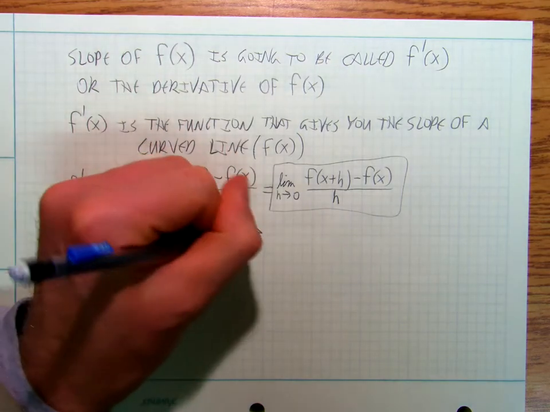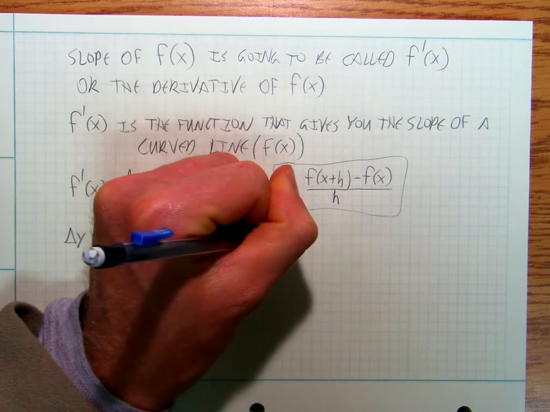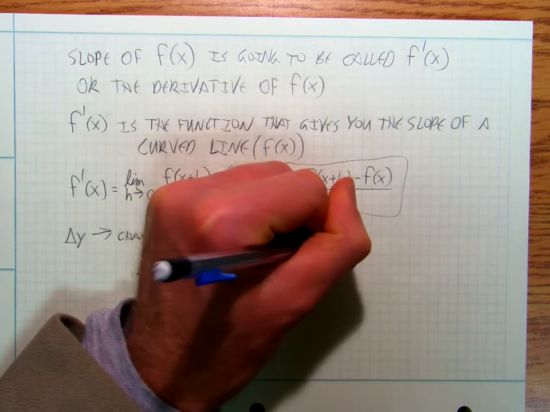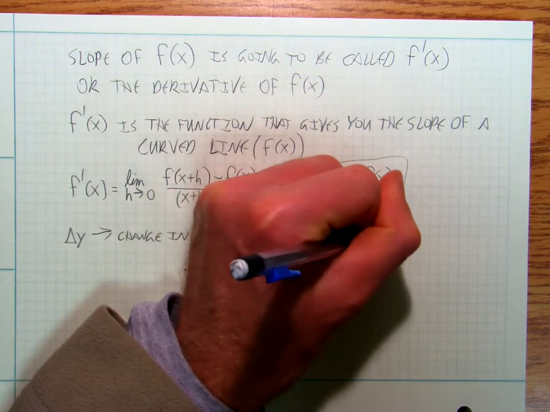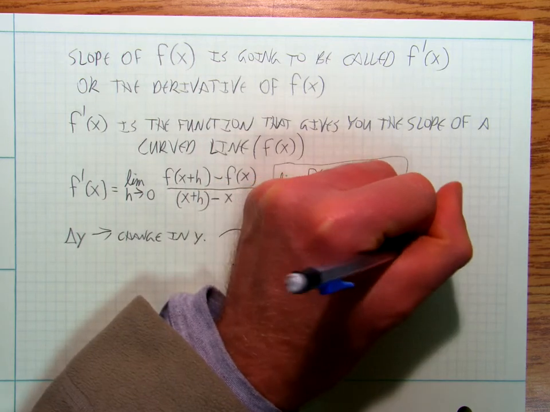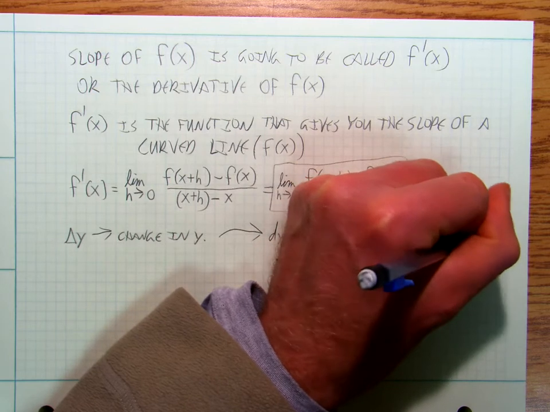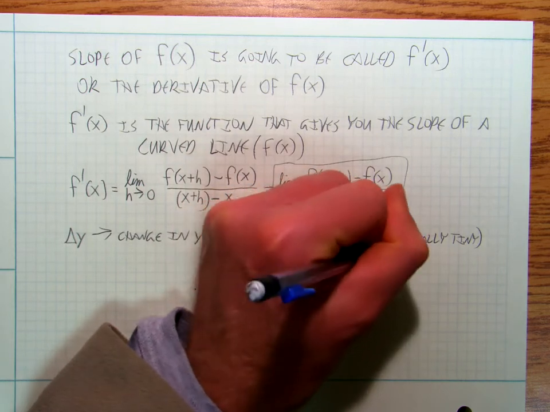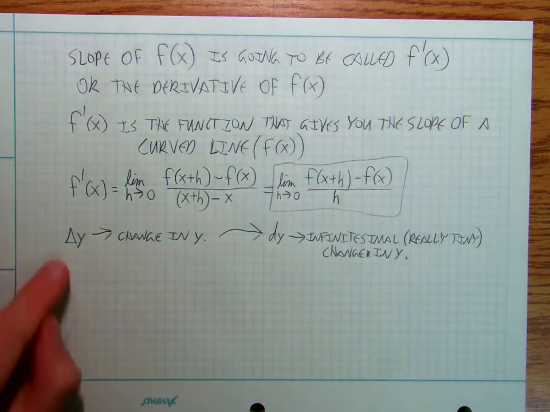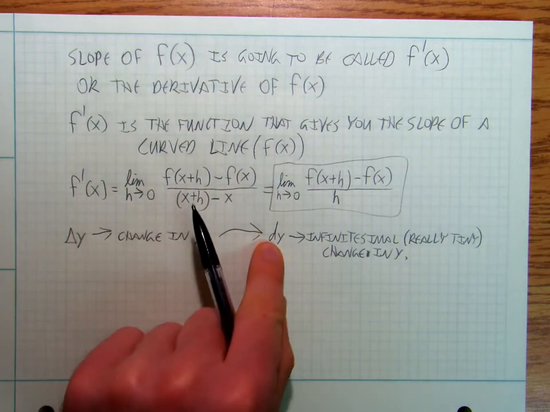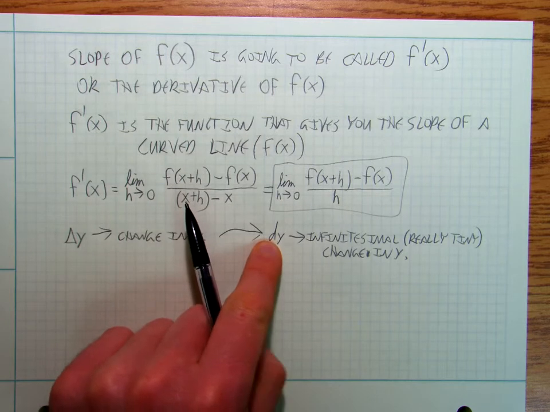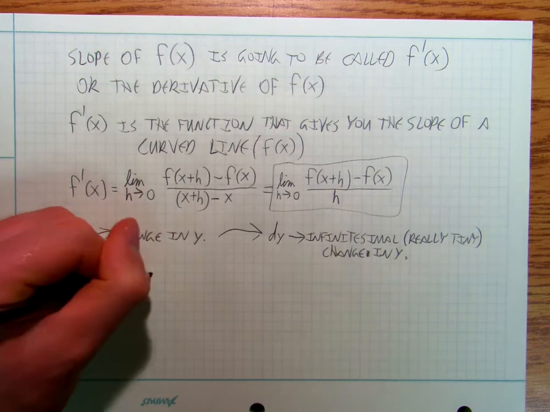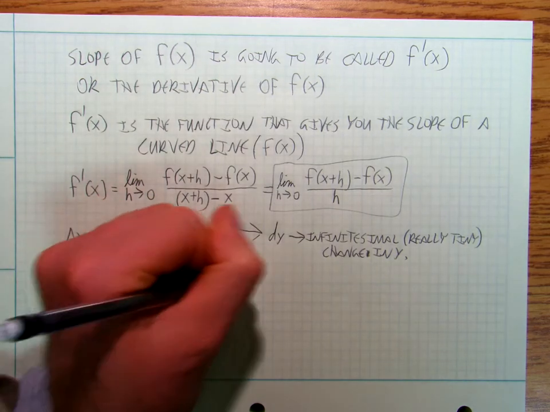When we go into calculus, we're going to say dy, and that's going to mean we're going to go from change in y to really, really tiny change in y, or infinitesimal change in y. And then delta x is going to go to dx.